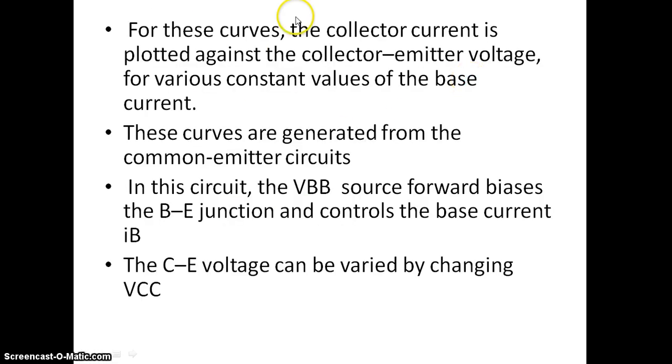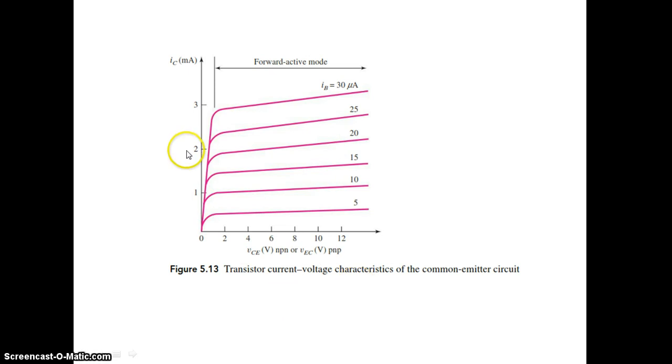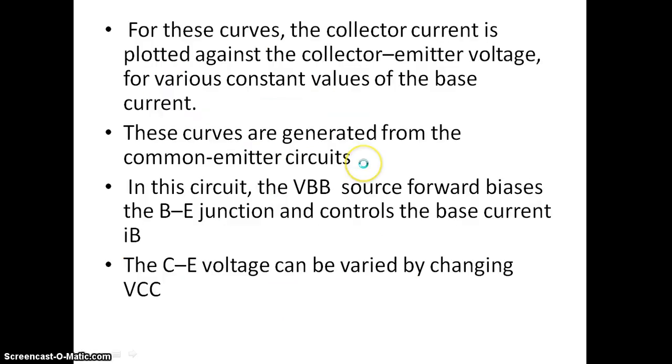For these curves, the collector current is plotted against the collector emitter voltage for various constant values of base current. As I have said, the output characteristics is VCE versus IC for constant IB, that is, x-axis VCE, y-axis IC for constant IB. These curves are generated from the common emitter circuit.